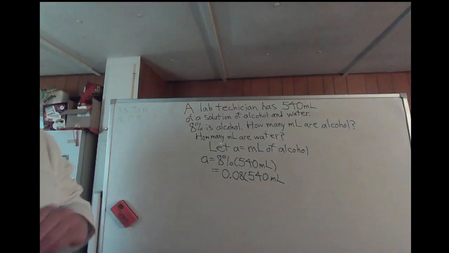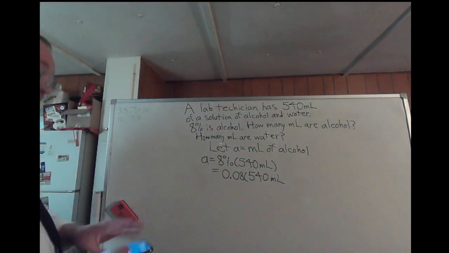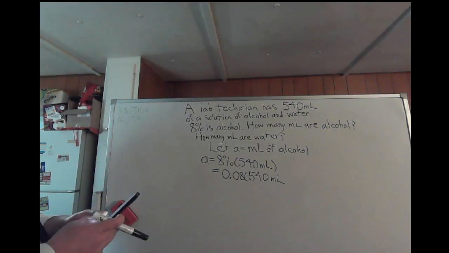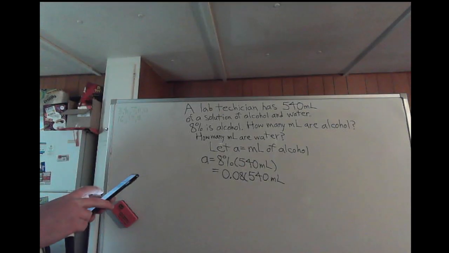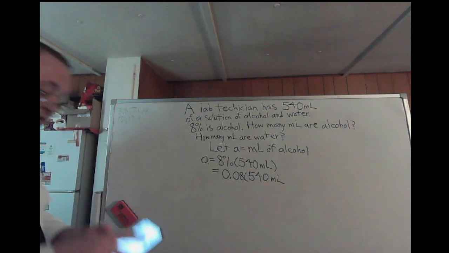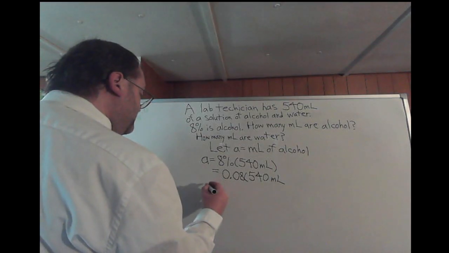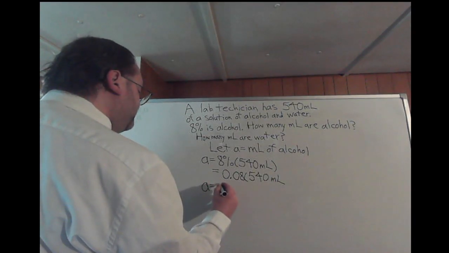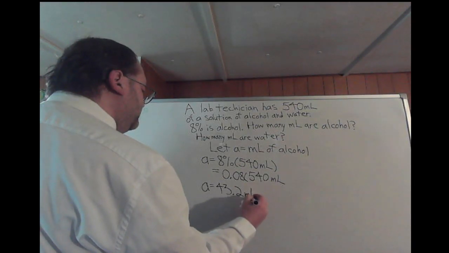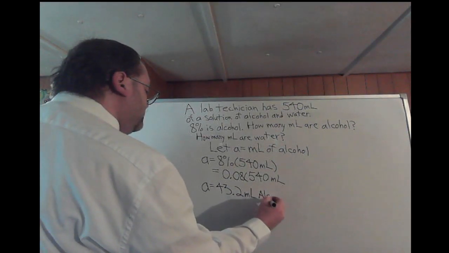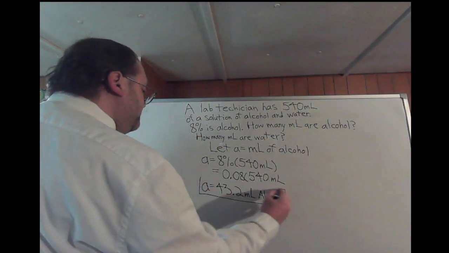All right. Now we need to figure that out as a decimal. 0.08 times 540. That is 43.2 milliliters. So A equals 43.2 milliliters of alcohol. That's how many milliliters of alcohol they have.